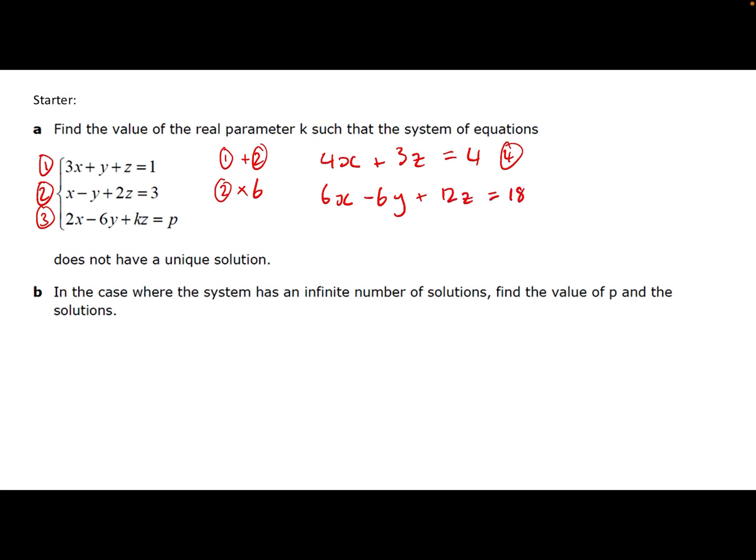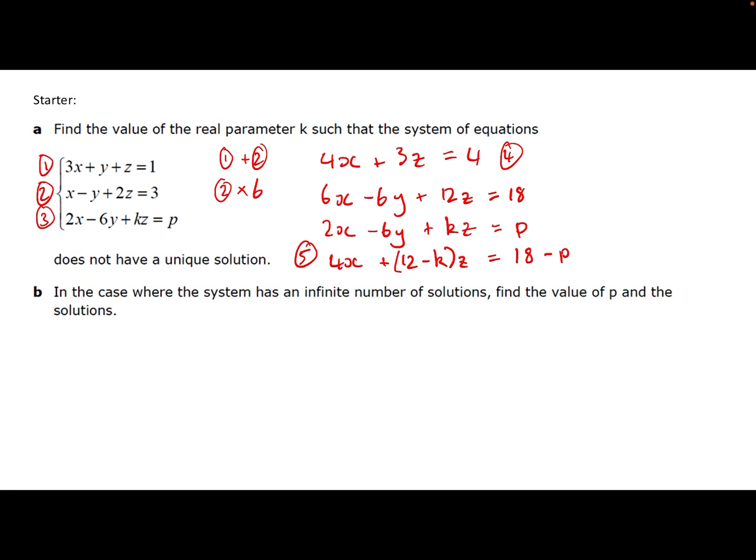And then let's pair that off with equation 3, which is 2x minus 6y plus kz equals p. And I'm going to subtract these equations. So I'm going to get 4x plus (12 minus k)z, let's just factor that out, is equal to 18 minus p. Let's call that equation 5.